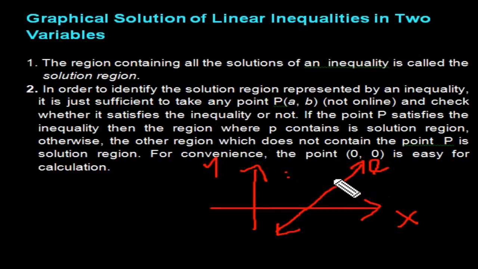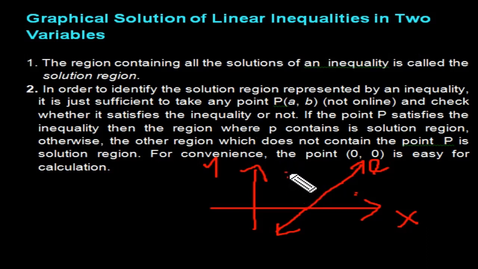Now to find the solution, we have to take a point. It is sufficient to take any point P. We should not take the point P on the line. It should be on one of the sides of the line, and we check whether it satisfies the inequality.